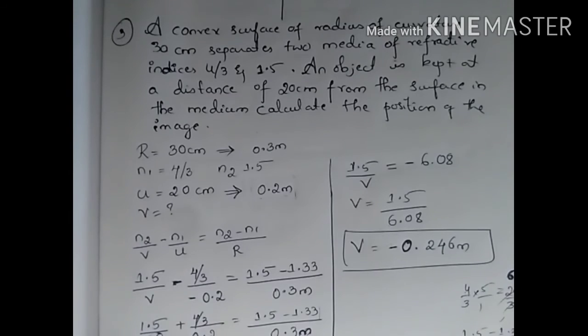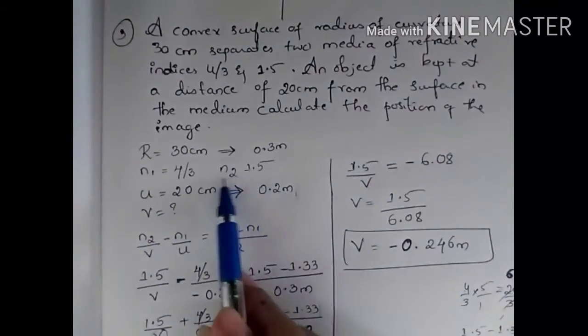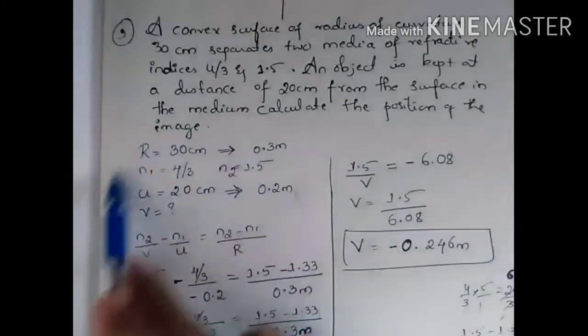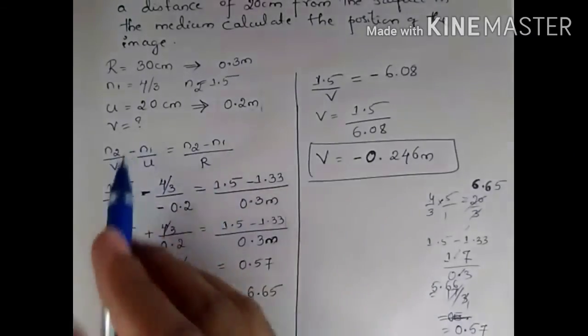Here they have given the refractive indexes for two different mediums. For first it is 4/3, and for second it is 1.5. So from this data we understood that we have to use this equation.